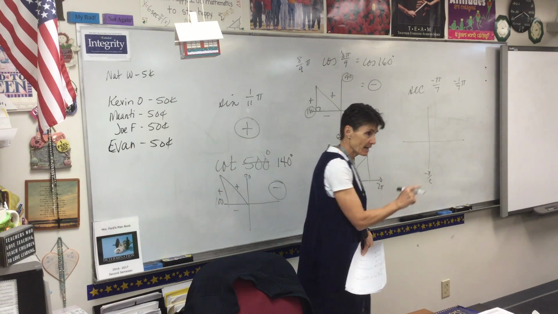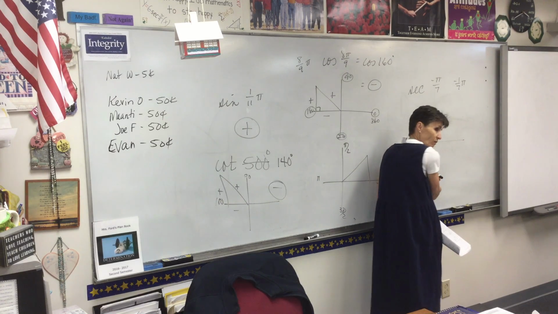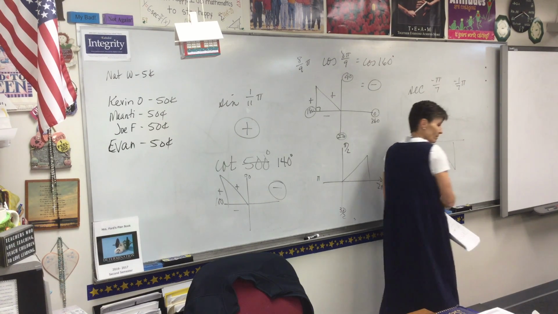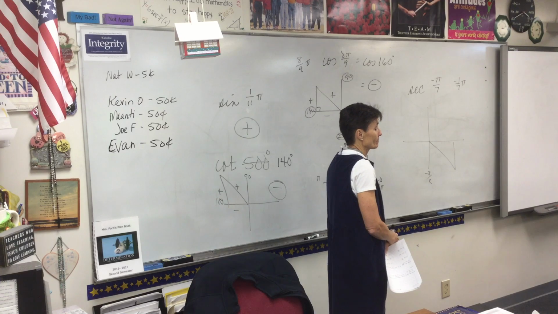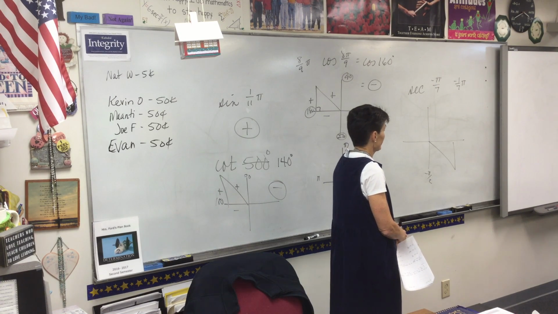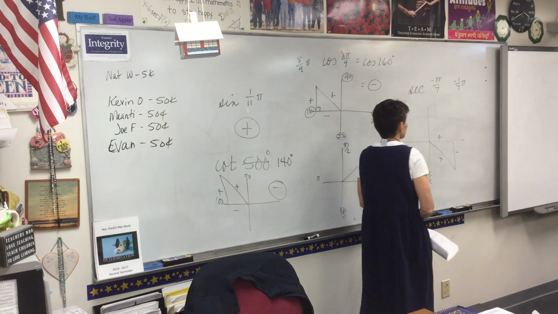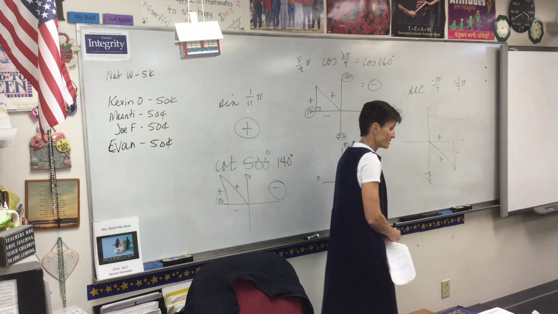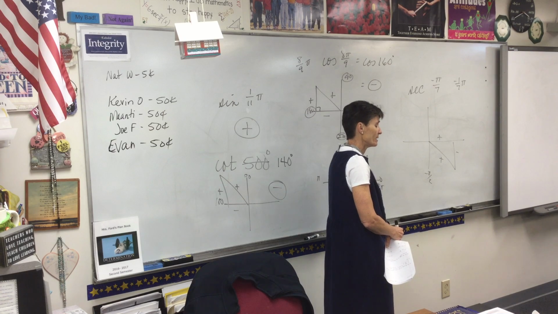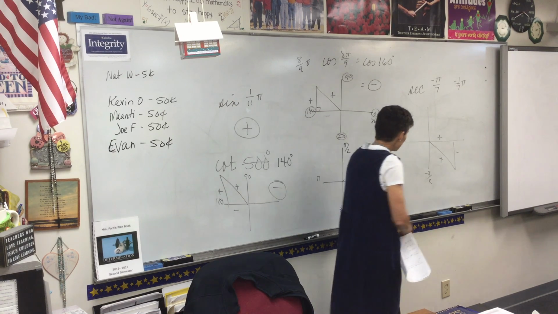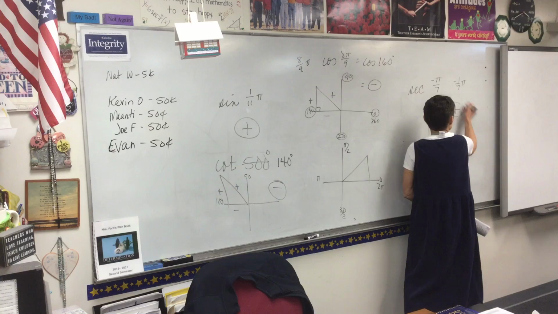Less than a half. So I don't even get this far, right? So I must be down here. So positive, negative, positive. I want the secant, which is the same sign again as the cosine. So positive over positive.